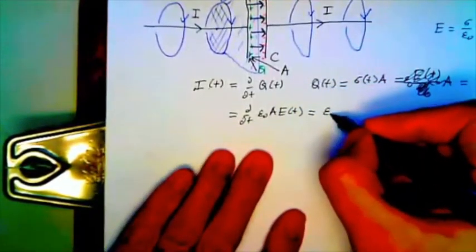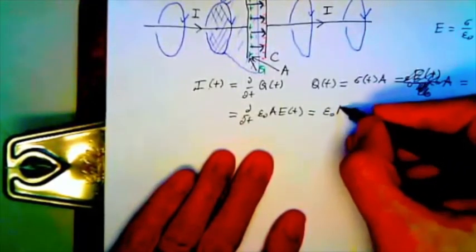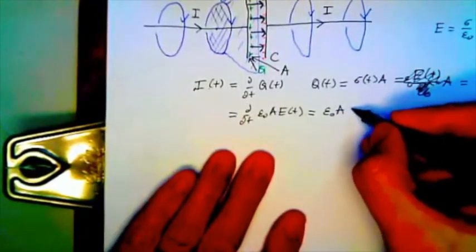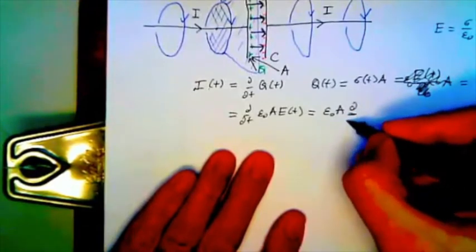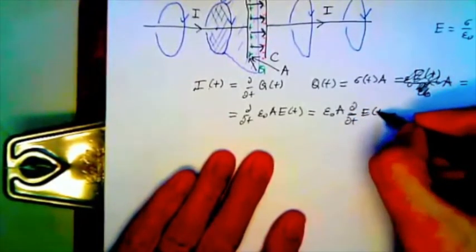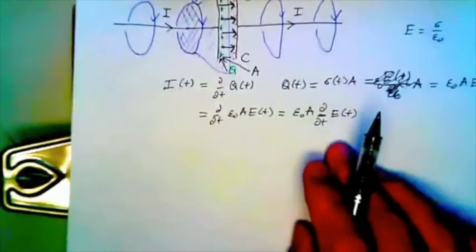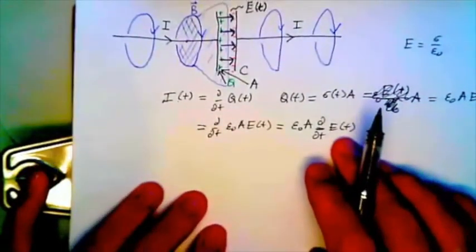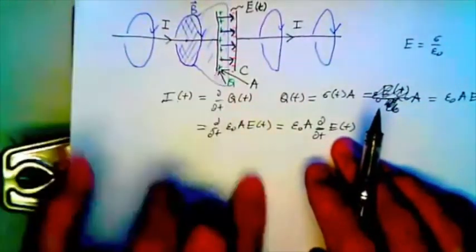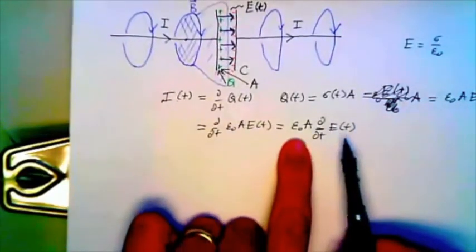And now we get epsilon naught times A times d/dt E.